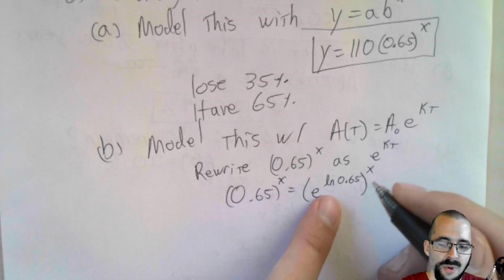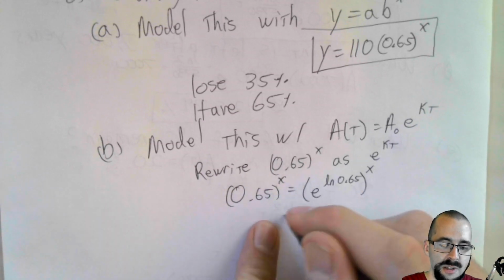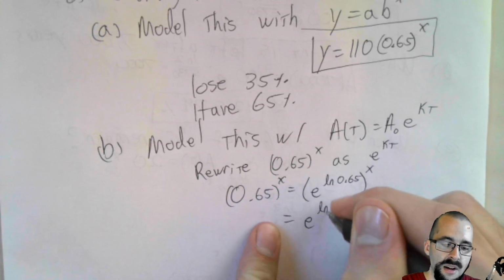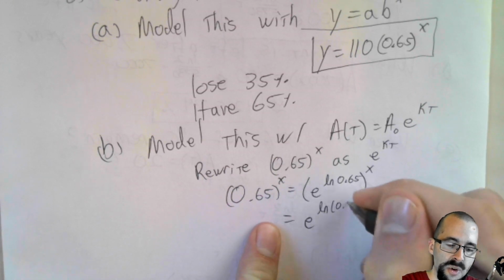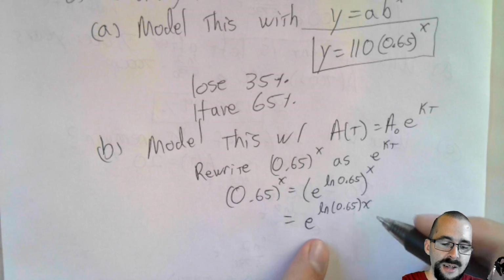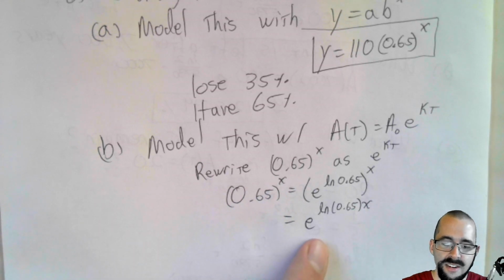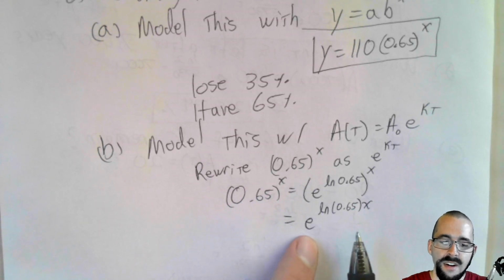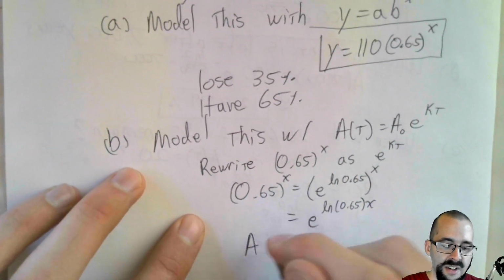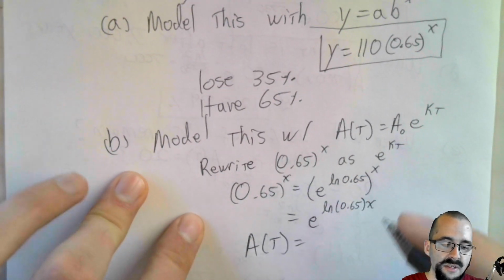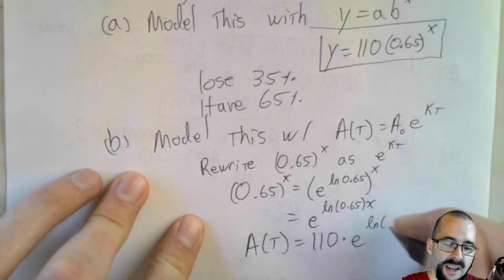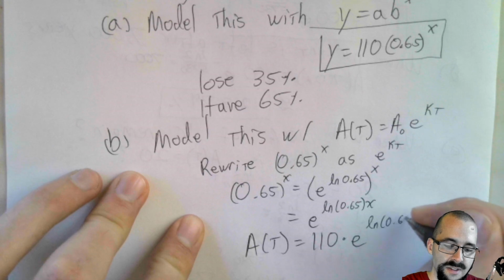Notice that while we have an exponent raised to an exponent, we can multiply those together. This is going to be e to the natural log of 0.65 times x. Exponent to an exponent, you multiply those exponents together. And our a naught is the same as before. So A of t is equal to our starting value, a naught, 110, times e to the kt, where our k value is the natural log of 0.65.